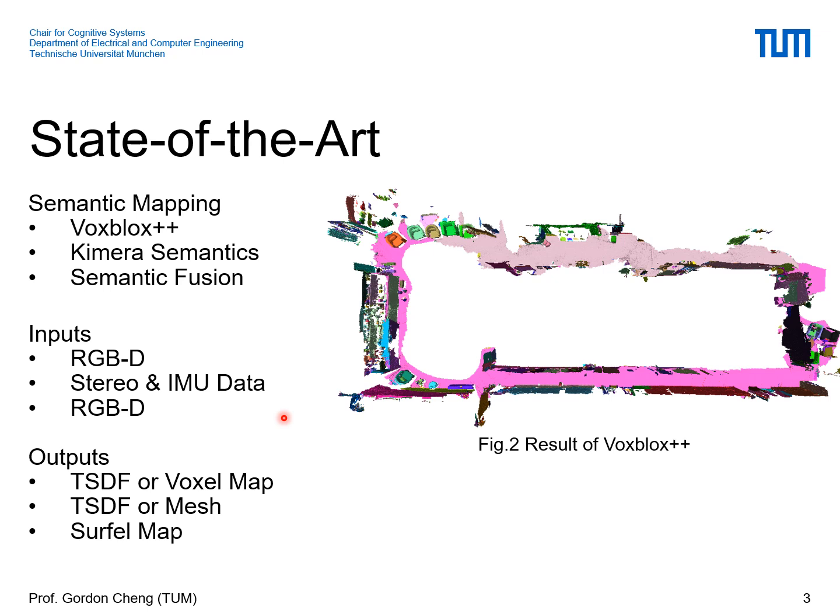And our goal is to use Quest 3 instead of using these different sensors. And the output they yield is mainly truncated signed distance fields or voxel maps or meshes or surfel maps, again in their order of existence here. And one fundamental thing is that they assume the environment is unobserved in the beginning.